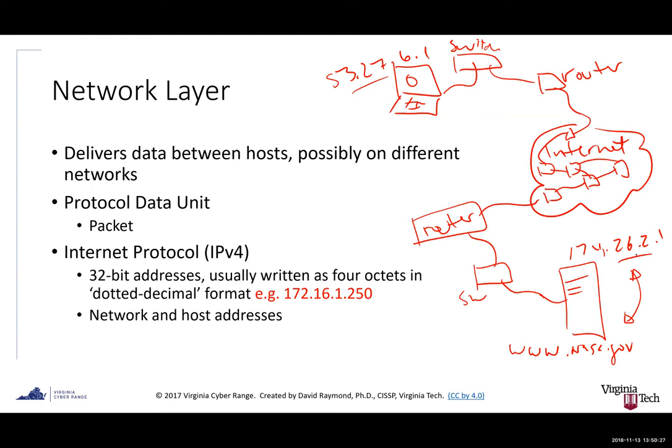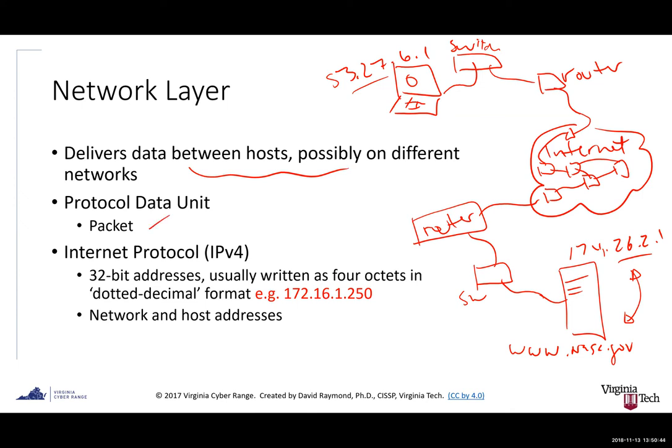And then the response will come back using the return address in the IP header to get the data back to my specific computer sitting at Virginia Tech.